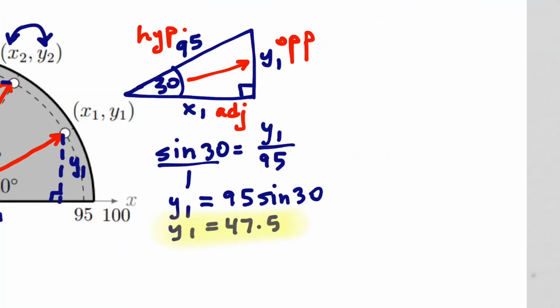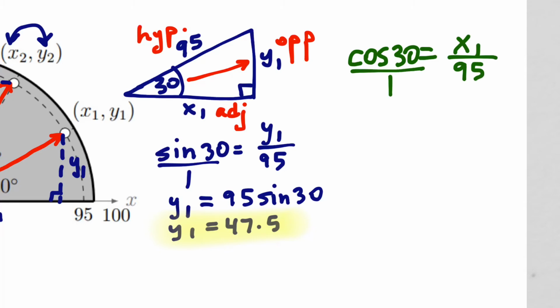All right, now let's find x1. So x1 is on my adjacent side, so I'll be working with my adjacent side now and my hypotenuse. So that means I need to use the cosine function. So the cosine of 30 is equal to x1 adjacent over 95 hypotenuse.